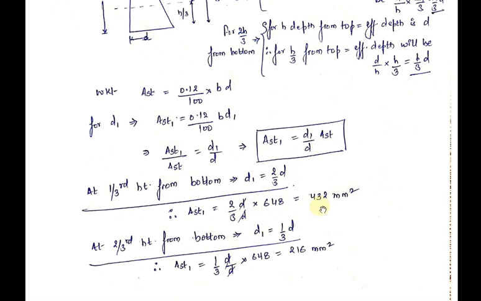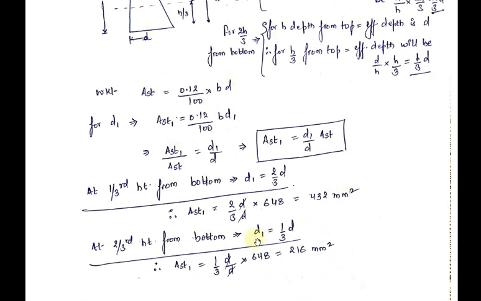So after calculation, I will get 432 mm square. So therefore, after a height of h by 3, the value of AST will get reduced to 432 mm square. Again, after a height of h by 3, we will again reduce the reinforcement. So therefore, at 2 by 3 height from the bottom, D1 is 1 by 3d.